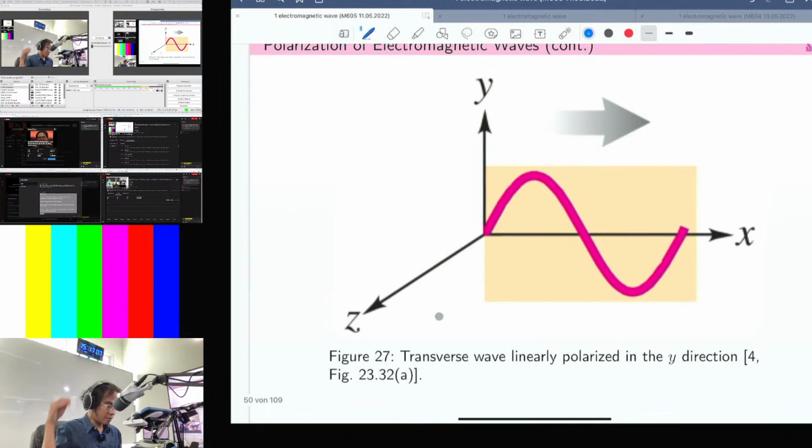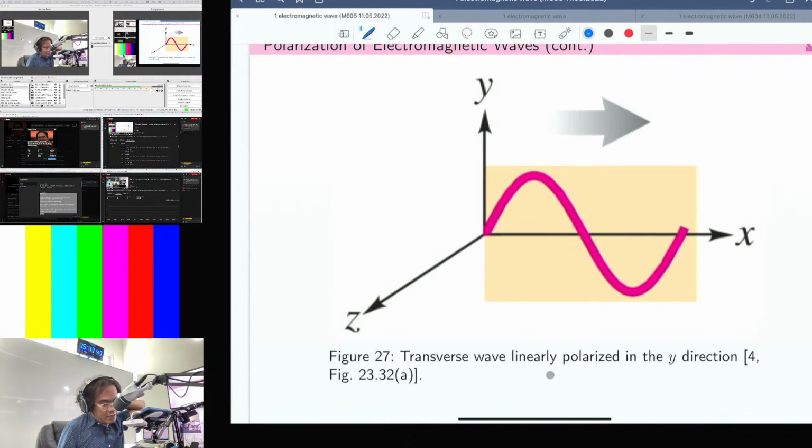Let's talk about how the wave propagates. Transverse wave linearly polarized in the y direction. They move along the x-axis, right? But the fluctuation takes place in the positive y and in the lower or negative y area. So that's why we call it linearly polarized, because it's going up and down along the y-axis.